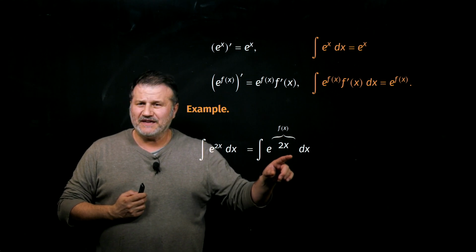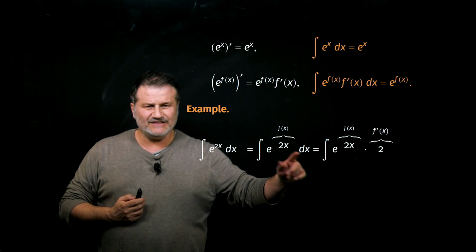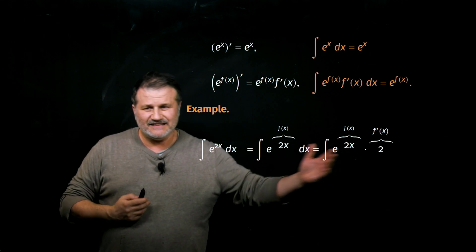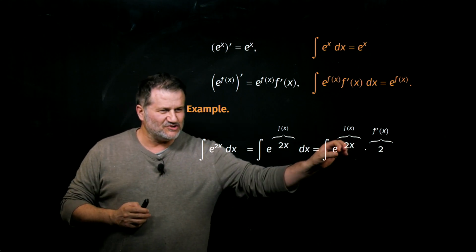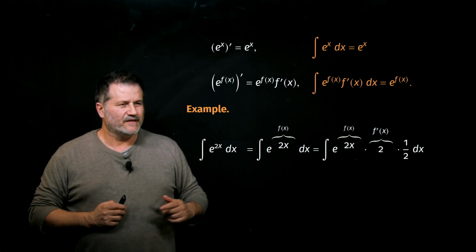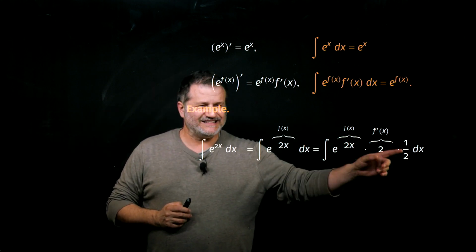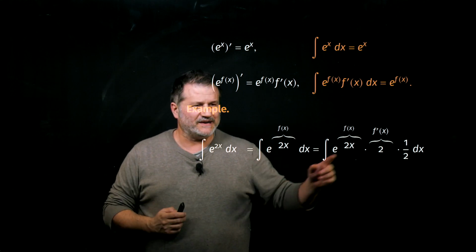I don't see f prime here. F prime of x, in fact, is equal to 2. I need a 2 here. I do not have it. I can introduce 2 by multiplying and dividing by 2, for example. Now, I have here e to f of x times f prime of x, which is good, but this 1/2 bothers, apparently.